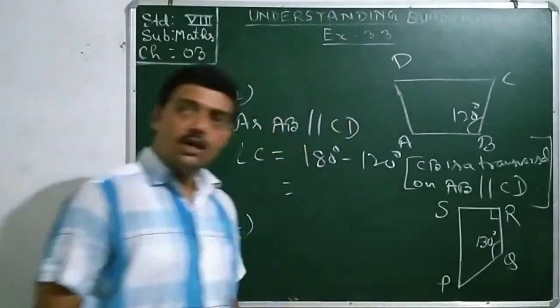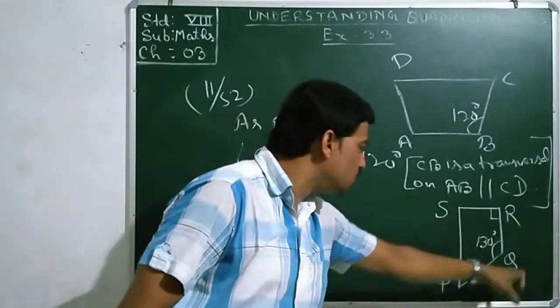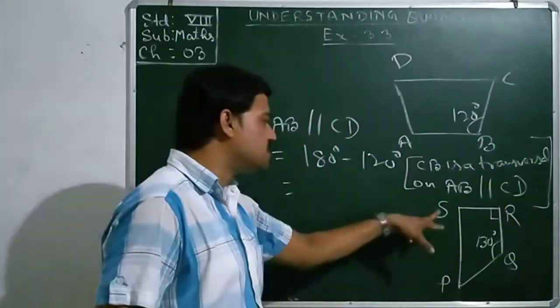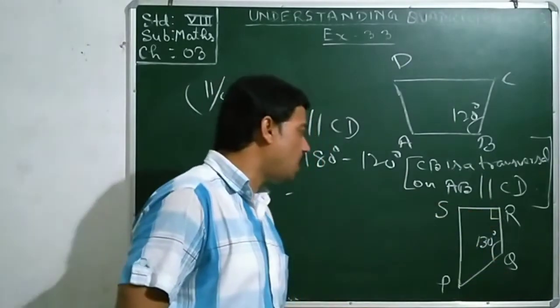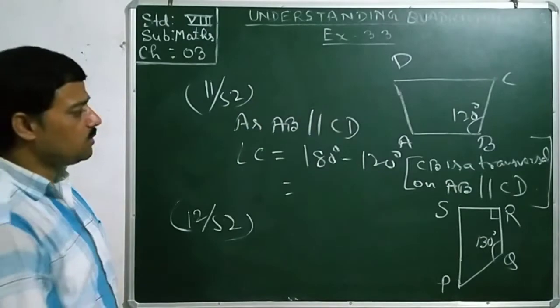P and S. To find out P, as RQ and SP are parallel lines, that means SP and RQ are parallel lines and PQ is a transversal.